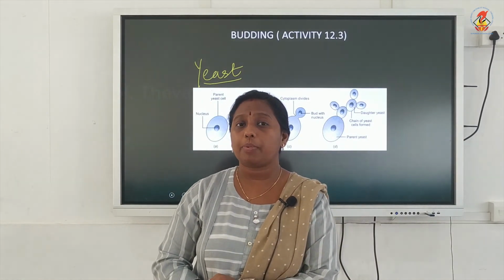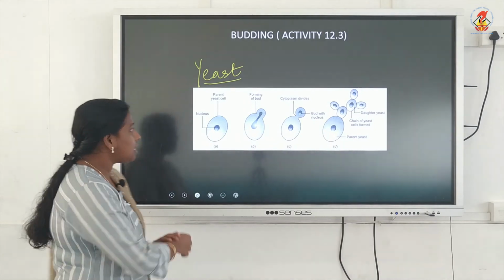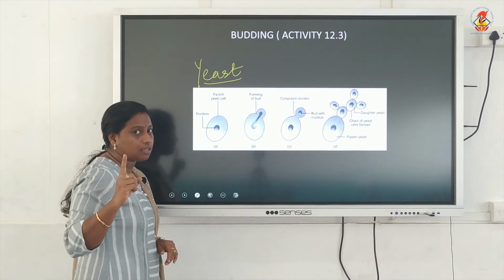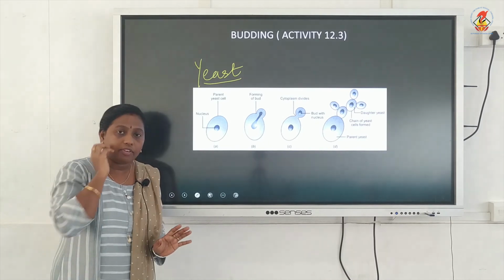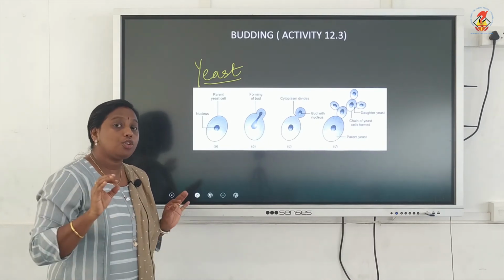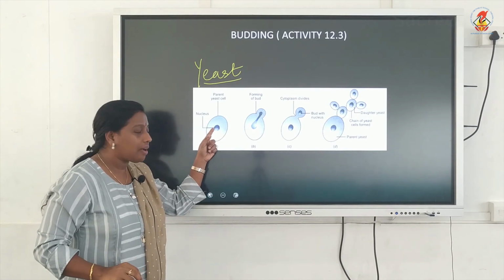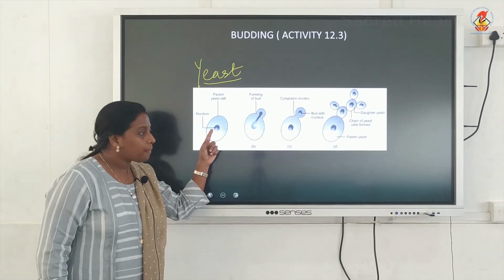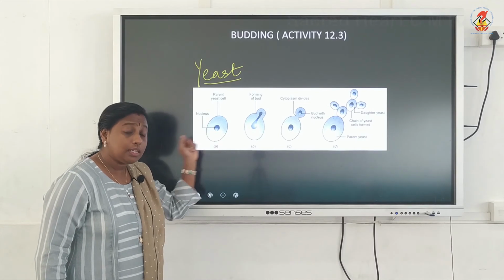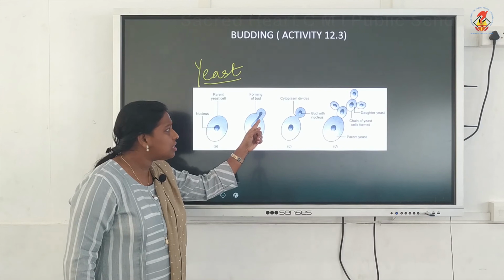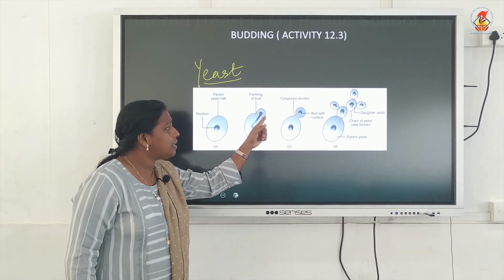During the time of reproduction, what happens is that, see, this is the body of a yeast. This is the single cell of a yeast. The organism is having only a single cell. It is unicellular. The single cell of yeast will be having a nucleus in the center. Now what happens during the time of reproduction? From the body of the yeast you can see a small bud developing.